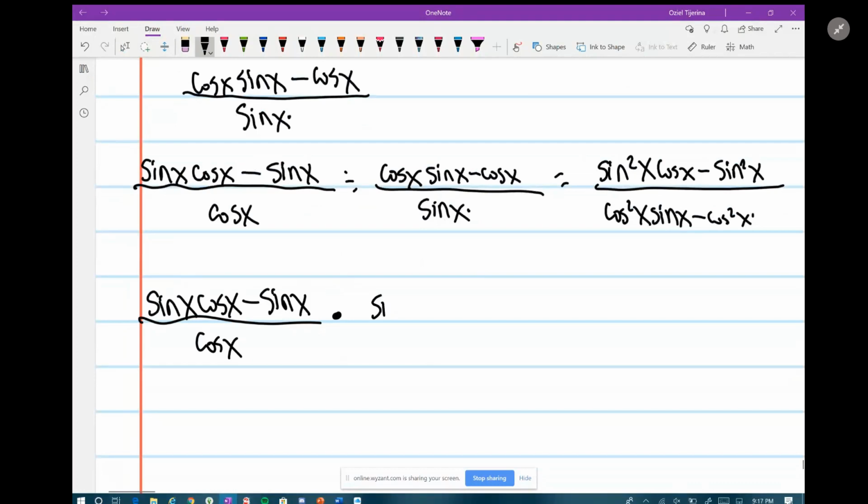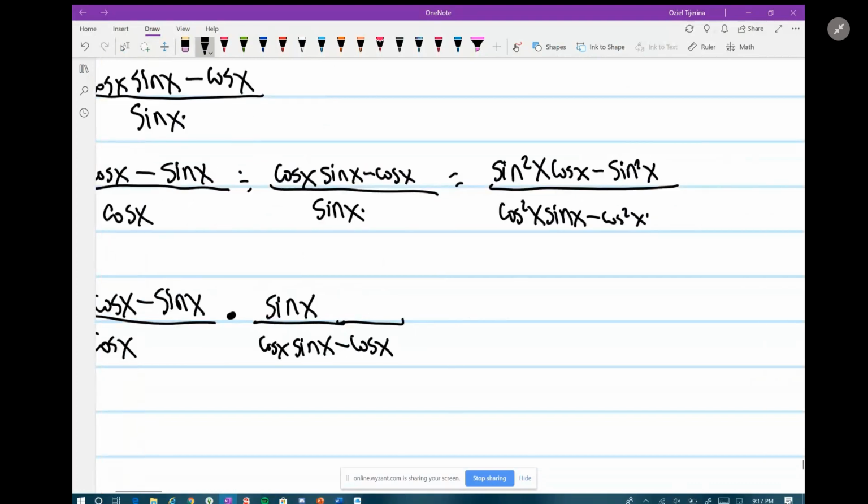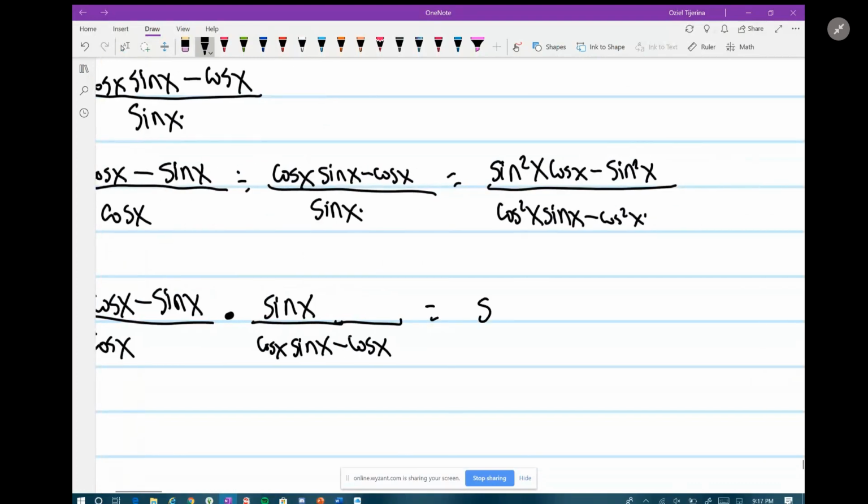So you have sine of x over cosine of x, sine of x minus cosine of x. And then this is going to be equal to sine squared of x cosine of x minus sine squared of x over cosine squared of x sine of x minus cosine squared of x.